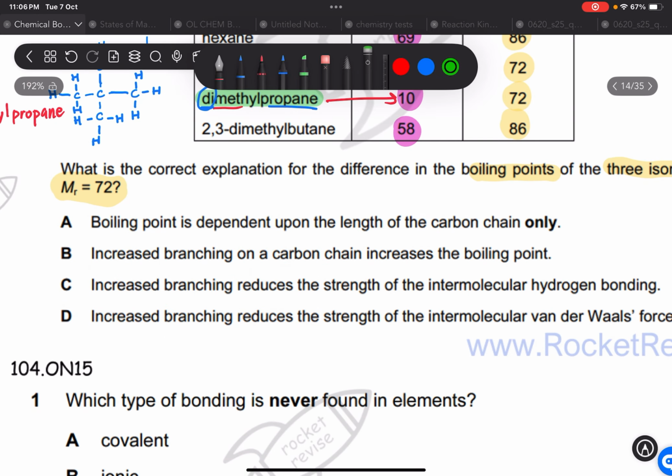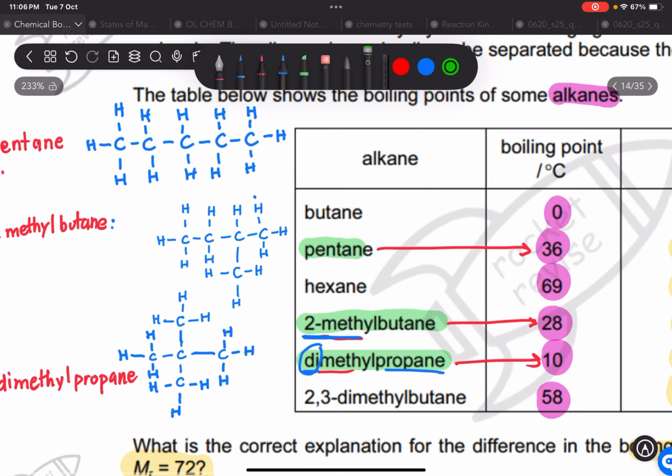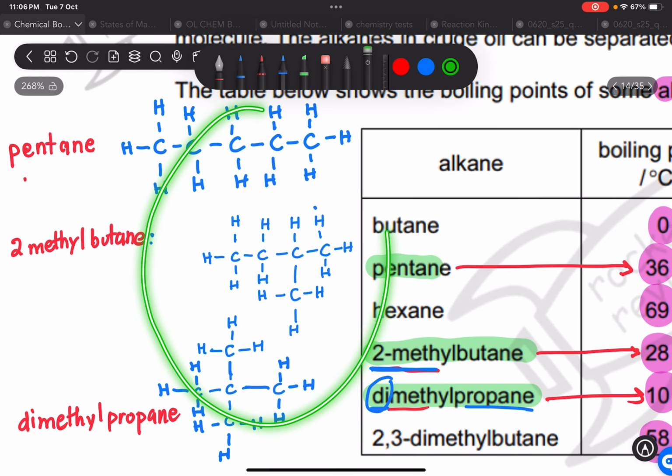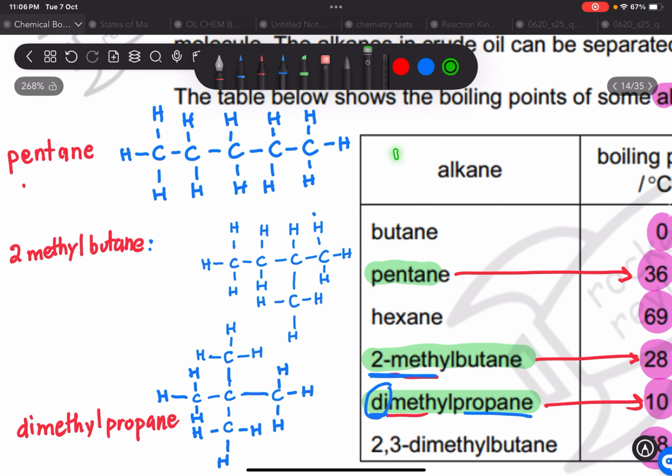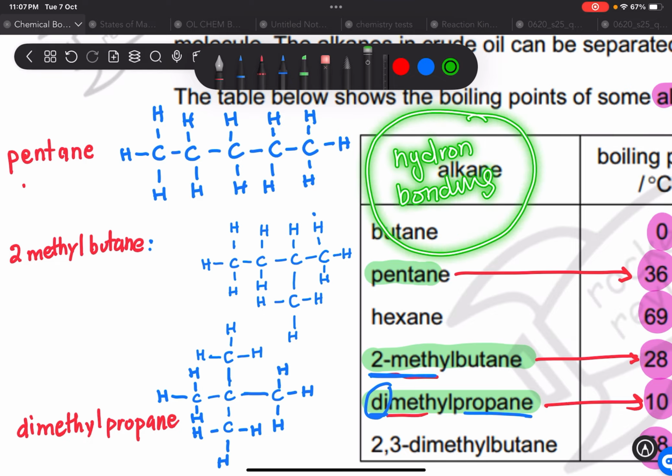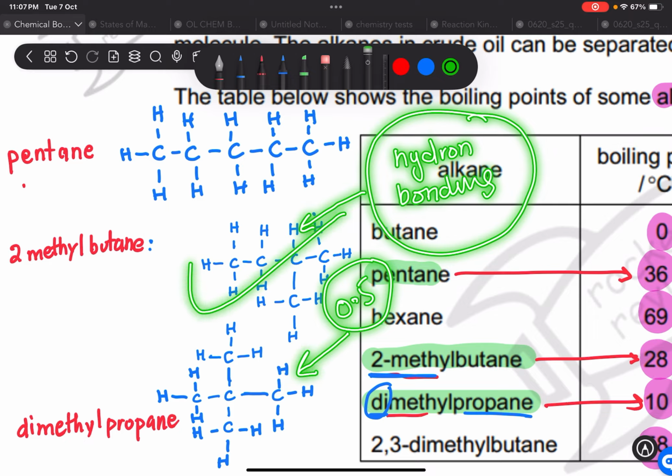Okay, increased branching reduces the strength of the intermolecular hydrogen bonding. Firstly, you should know that none of these structures has any kind of hydrogen bonding. Hydrogen bonding cannot exist between carbon and hydrogen because their electronegativity difference is less than 0.5. So they're non-polar bonds.